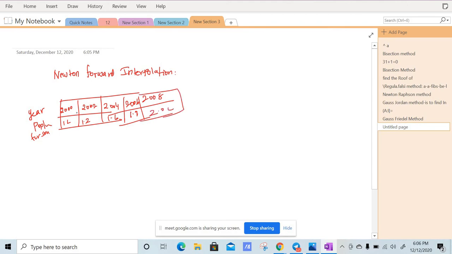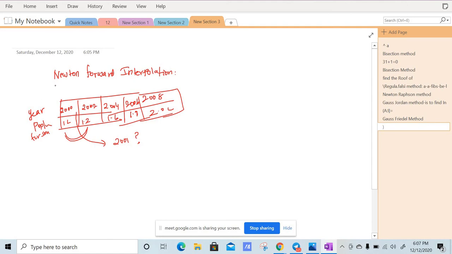Now what will be the population in 2001? We are going to interpolate. They have given the data for 2000 and 2002, but we don't know the population in 2001. It will be somewhere between 1 lakh and 1.2 lakh, but we don't know.